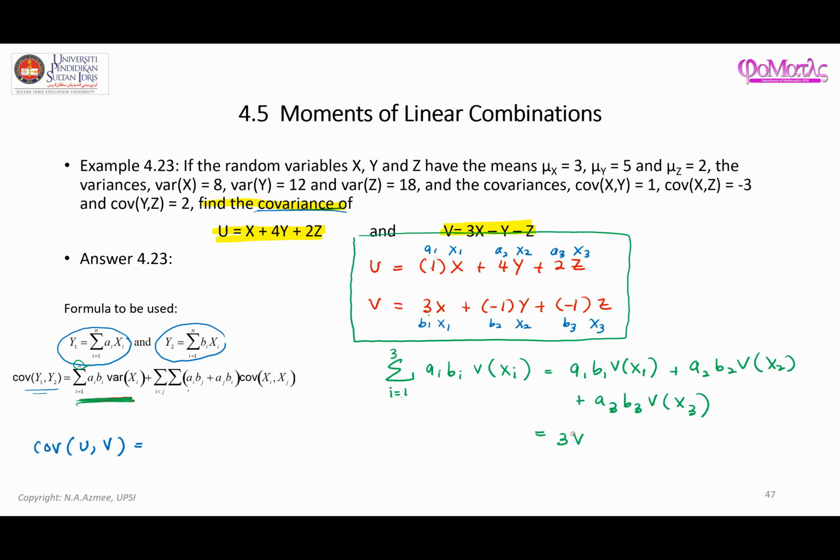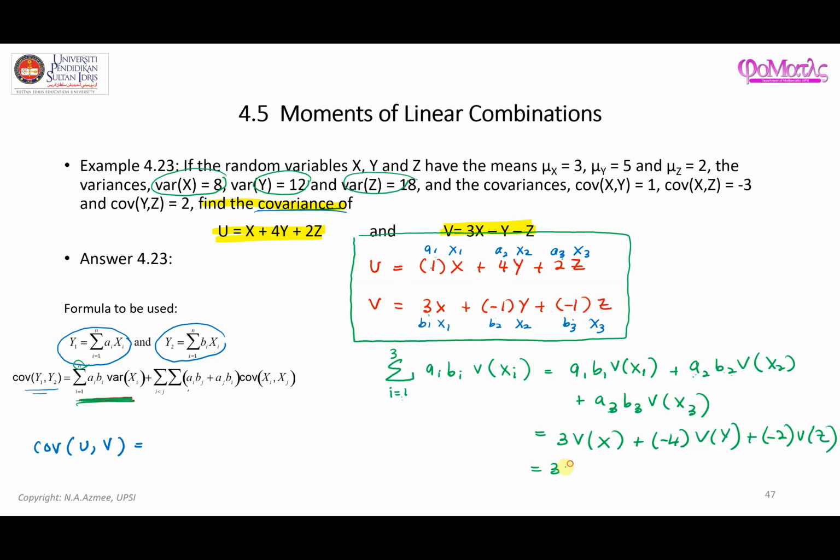This is the variance of X, since x1 corresponds to X. Then we have a2 times b2, which is negative 4, and the variance of Y. Then a3 times b3 is negative 2, variance of Z. From the information that we have, here is the variance of X, variance of Y, variance of Z, and we can just substitute all the values into what we have here.